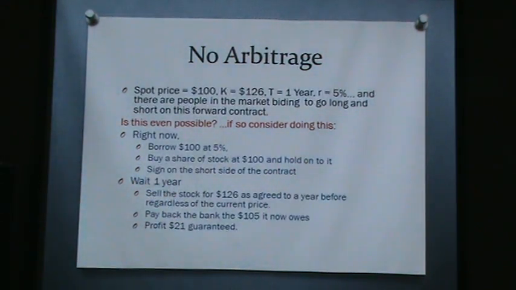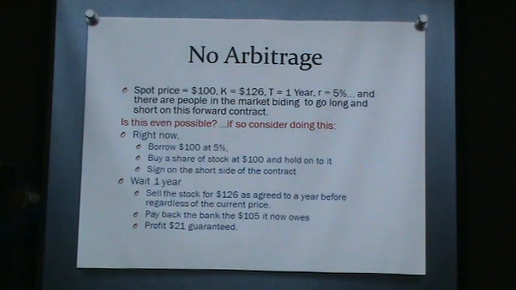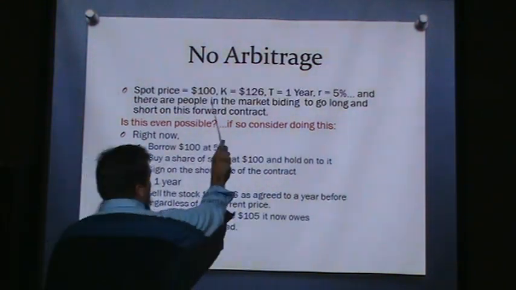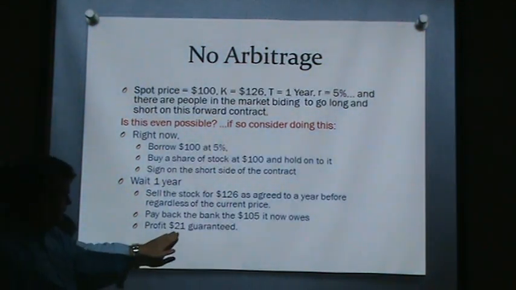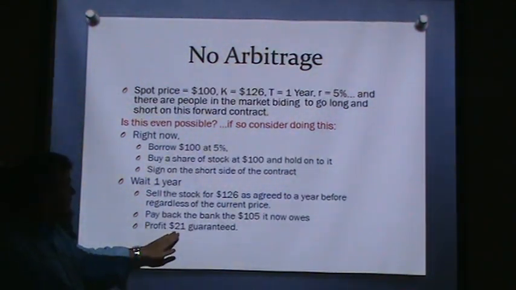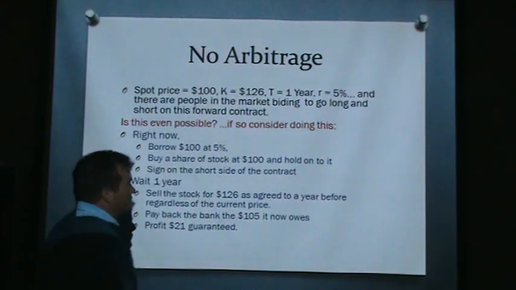So the bottom line is, in that market analysis, nobody will agree to be on the "I agree to buy for 126" side, unless you somehow entice them. Now, how would you entice them to sign the contract under these numbers today? Being on the selling side has a value of $21 today with this interest rate.